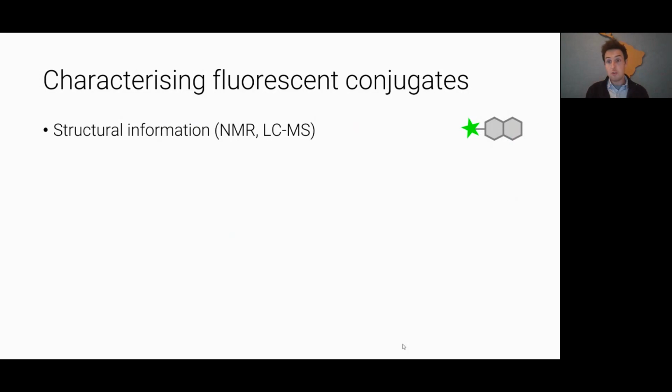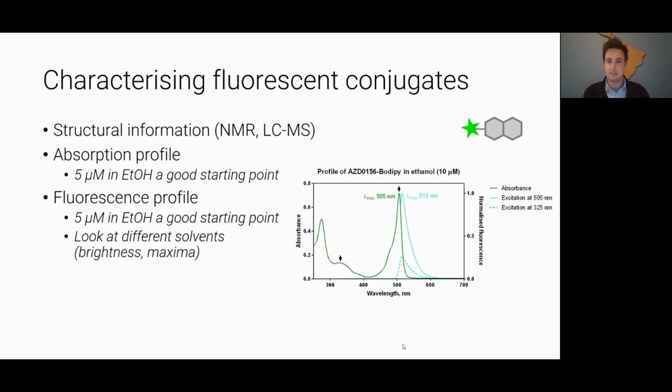If you're going to look at fluorescent conjugates or drugs under a fluorescence microscope, and you're going to synthetically make these molecules, you do need to make sure you characterize them carefully. So just a few tips. Obviously, you need your structural information, NMR, LCMS, if you've attached, let's say, a fluorescent dye to a drug-like molecule because you want to look at where it's going in the cell.